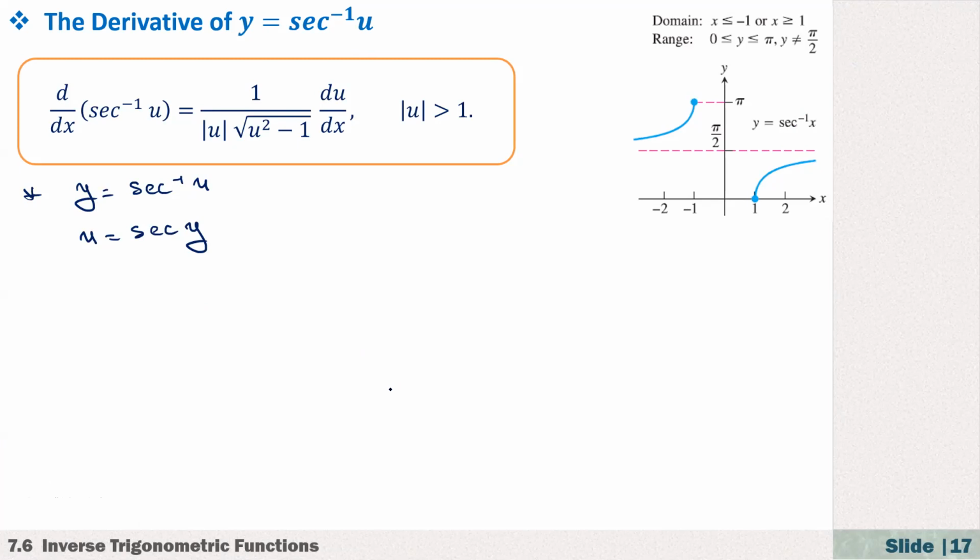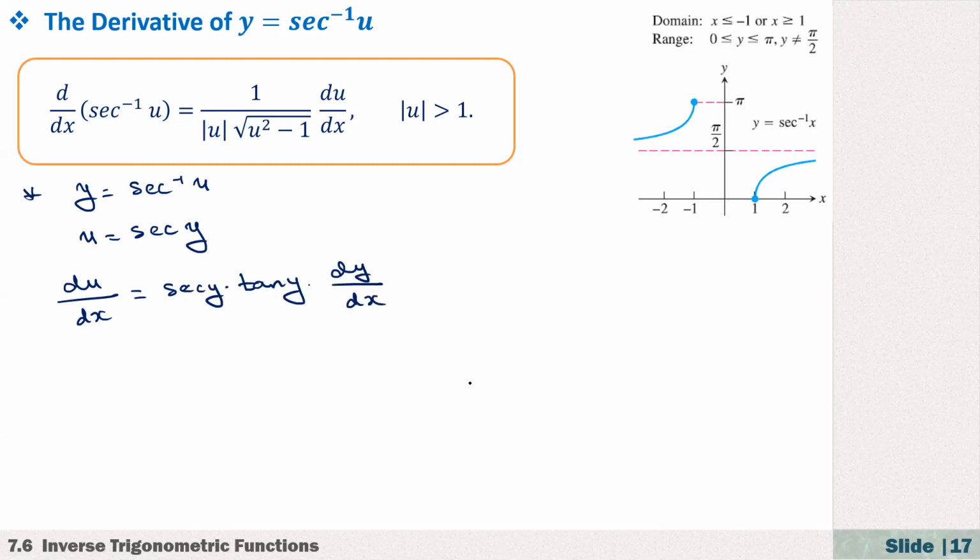Now differentiate both sides with respect to x. On the left-hand side, I have du dx. On the right-hand side, the derivative of secant is secant of y times tangent of y, times dy dx.